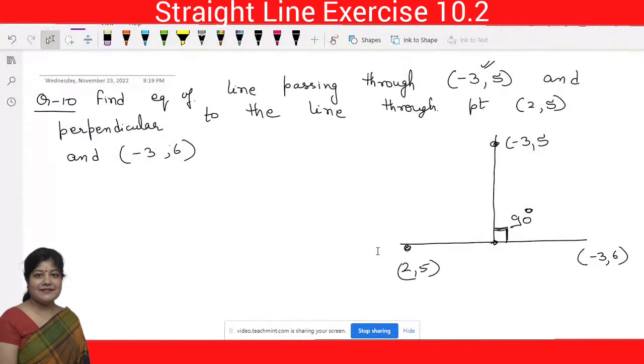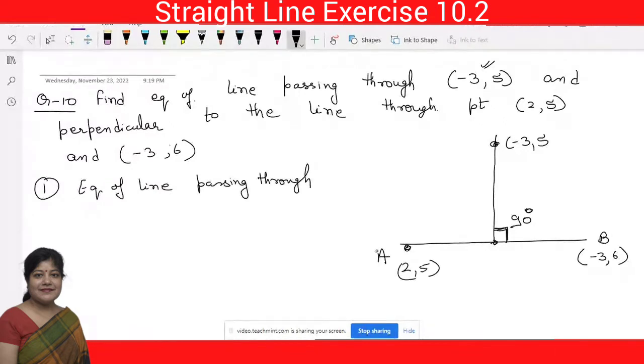So first, equation of line passing through A and B, I will take it as A, B, and C. So this is a 2 point form.